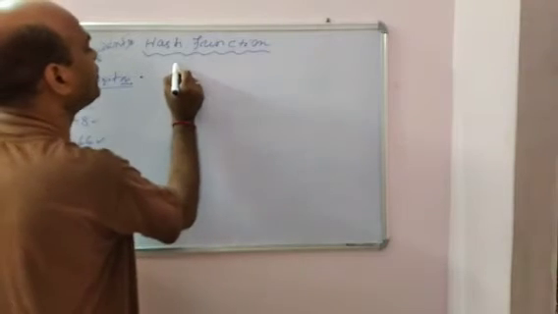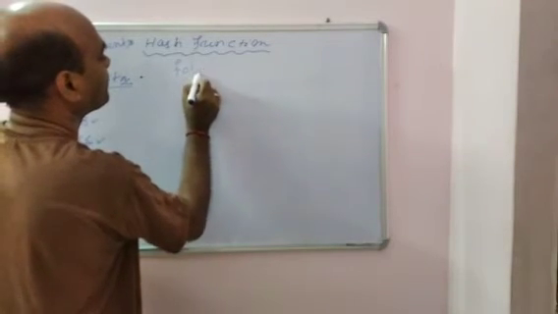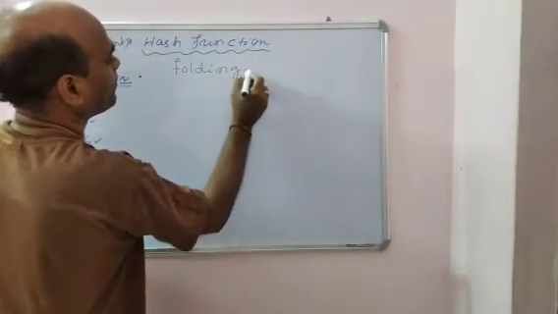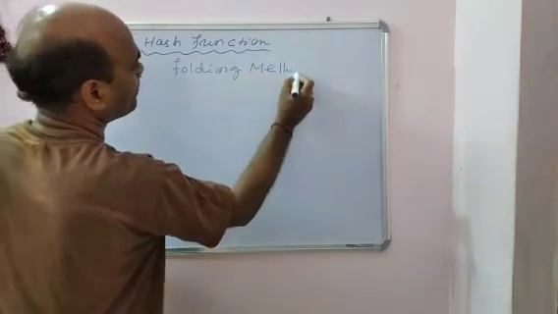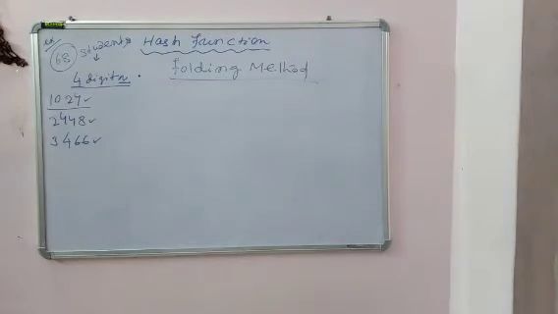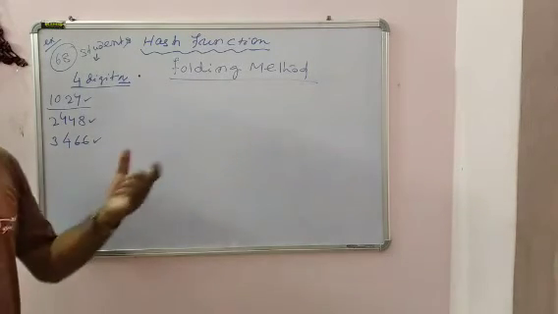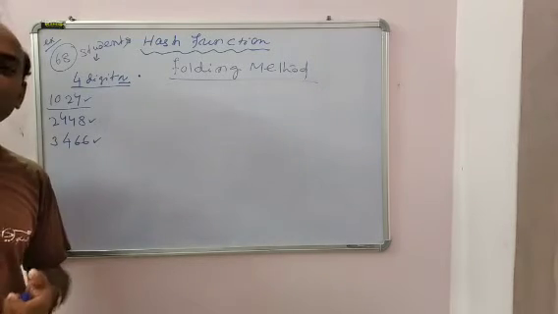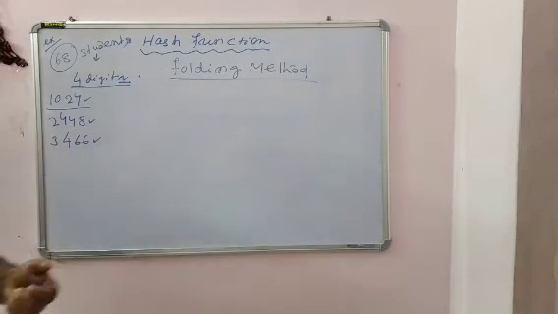Next one is the folding method. In the folding method, we can also directly calculate the memory address. In this method, the hash algorithm chops a hash key into a number of parts.